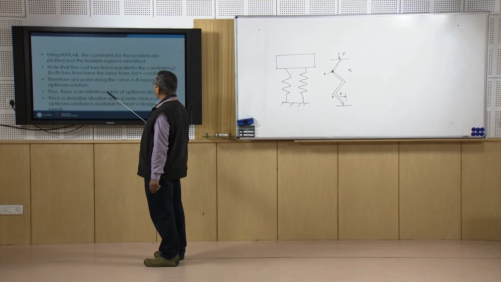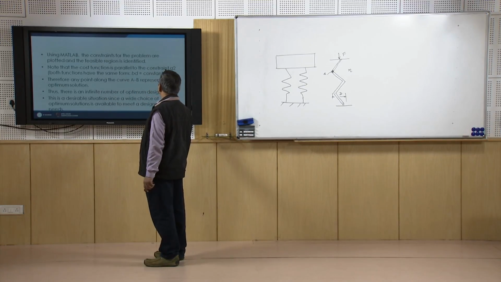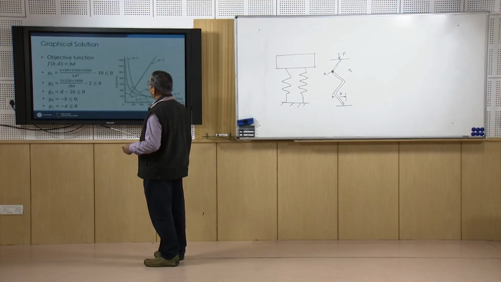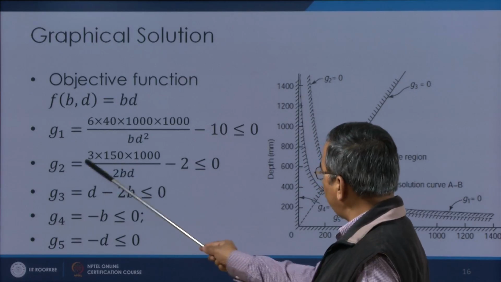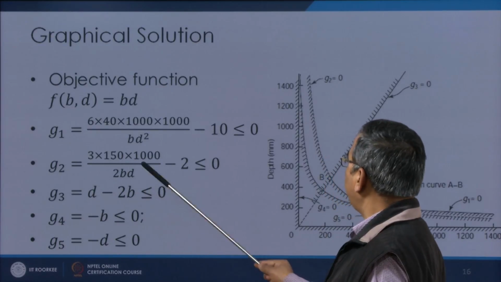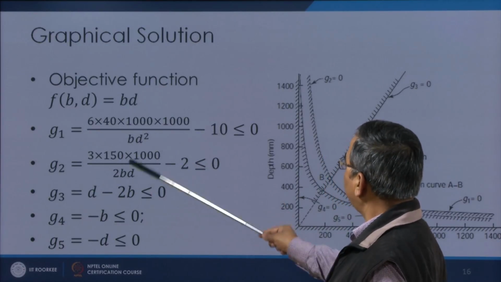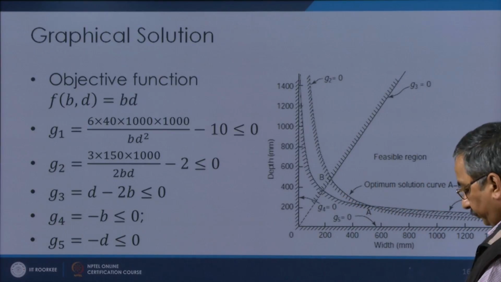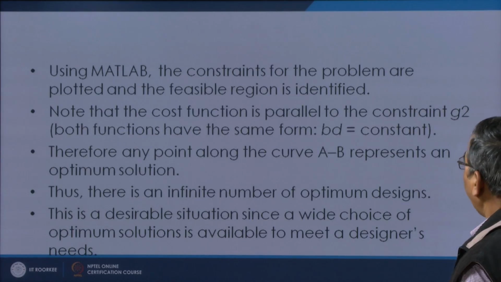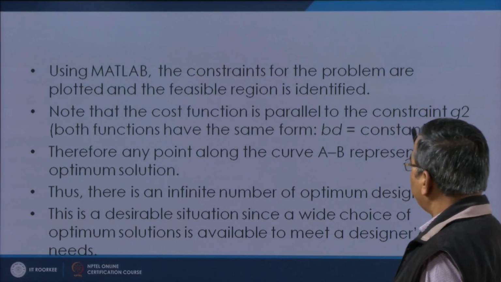Now, note that the cost function is parallel to the constraint G2, because the cost function involves BD and the G2 constraint also involves BD. So, the cost function is naturally going to be parallel to this one, BD equal to constant.